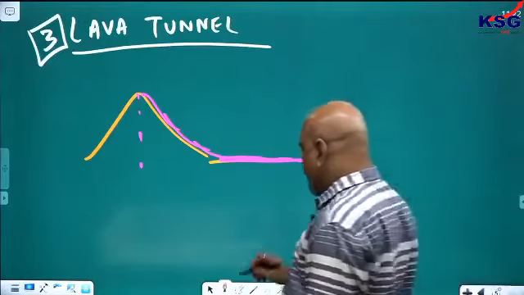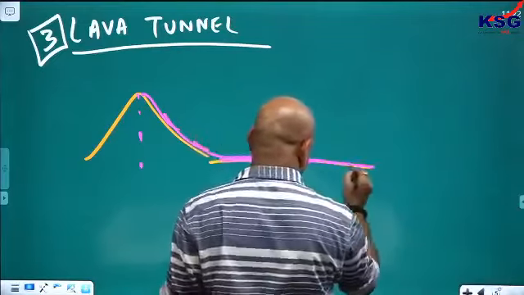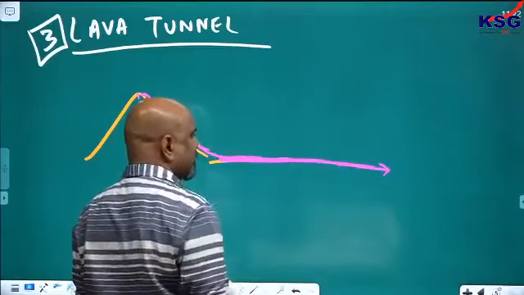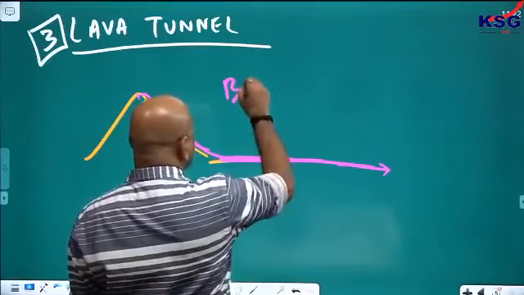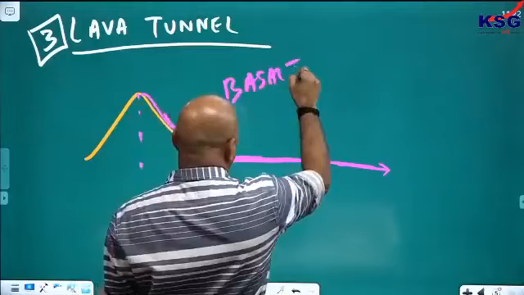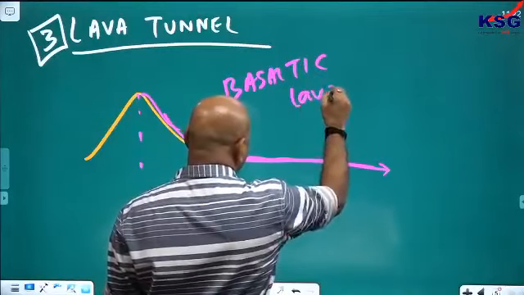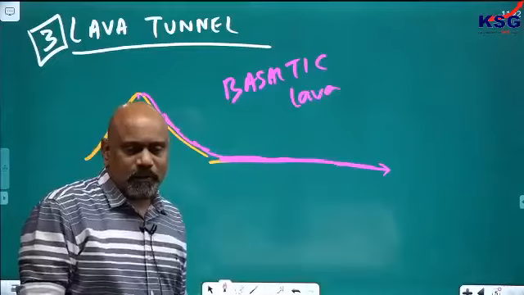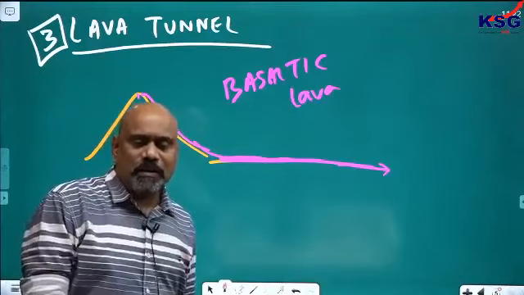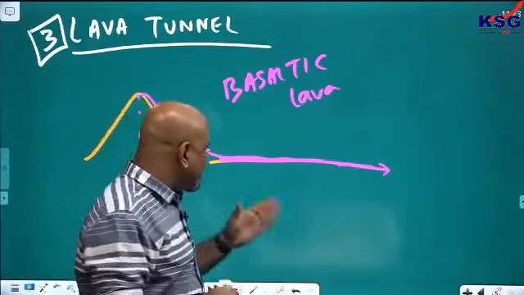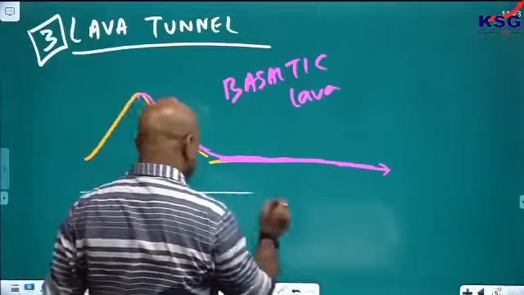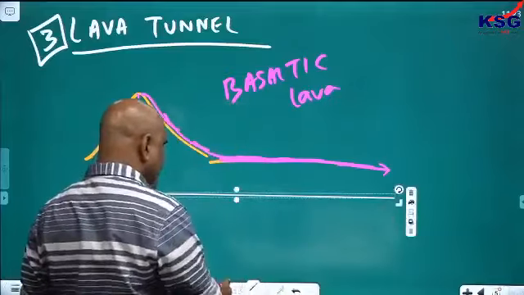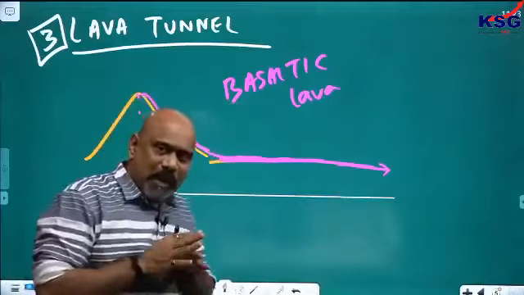What happens is, when this lava moves very quickly, what type? Basaltic lava. While the basaltic lava moves very quickly, it carves like water flow.